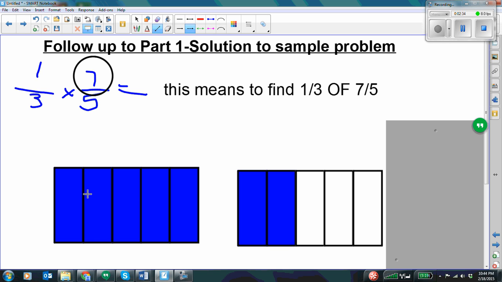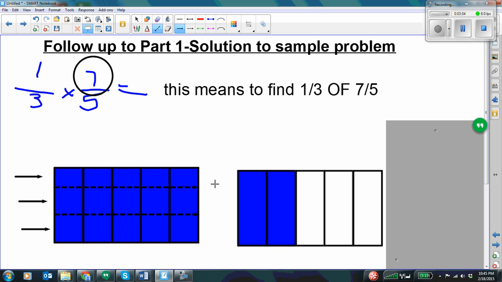So I'm going to take my dotted line this time, and I'm going to draw my horizontal line across my big rectangle to split this into 3 parts. And again, my parts being 1/3, 2/3, 3/3. So each row going across is equal to a third.